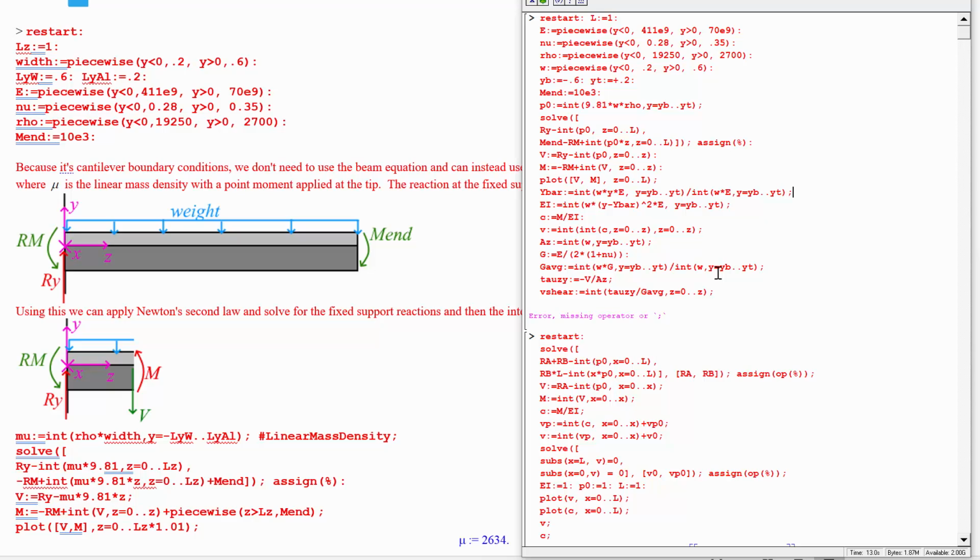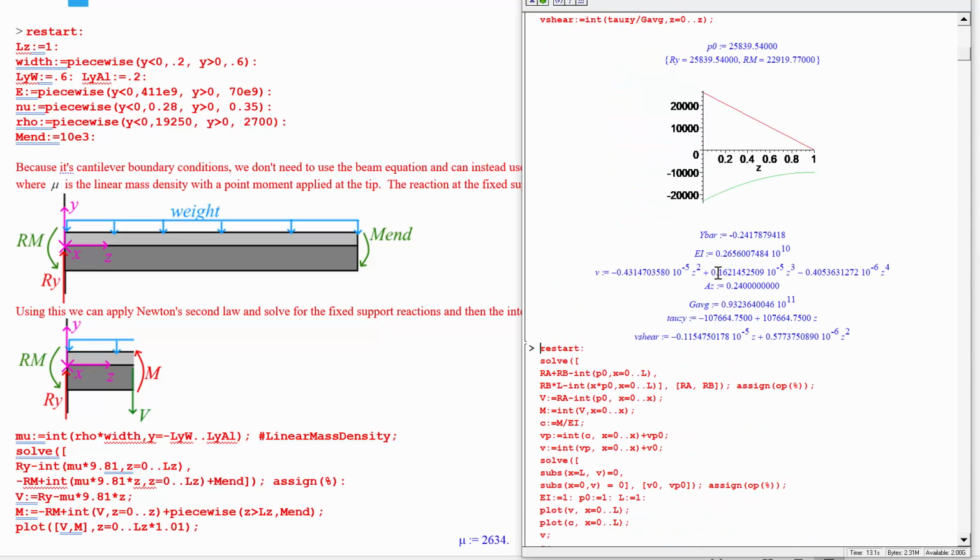Okay, so here's our Y bar that we're going to use to calculate the flexural rigidity. And that is going to let us figure out what the displacement is from the curvature. And we can use the area and the average shear modulus to figure out what the shear displacement should be.